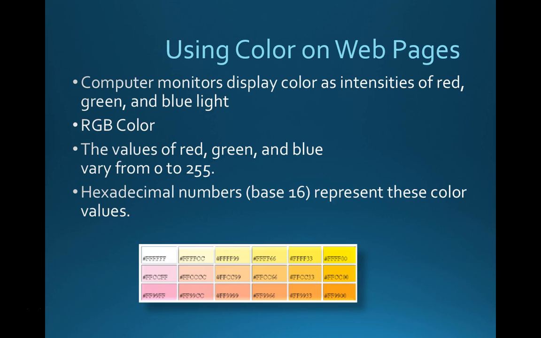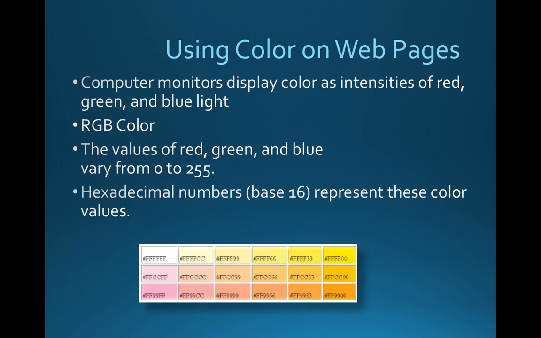Here, instead of 0 to 255, we use that set of 16 characters. So we have A through F, and then 0 to 9. Adding those up should be 16 characters, okay?